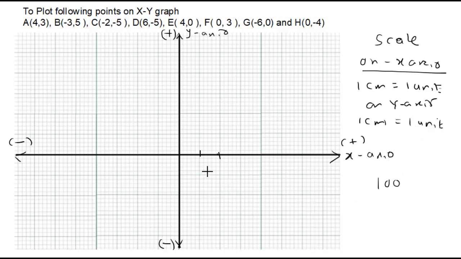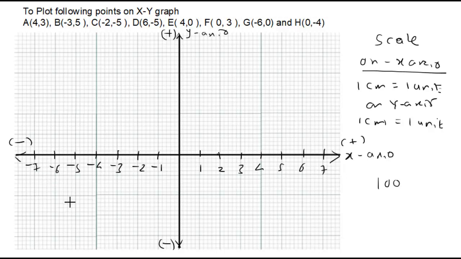So this is positive 1, positive 2, positive 3, positive 4, positive 5, positive 6, positive 7. This is negative 1, negative 2, negative 3, negative 4, negative 5, negative 6, negative 7.